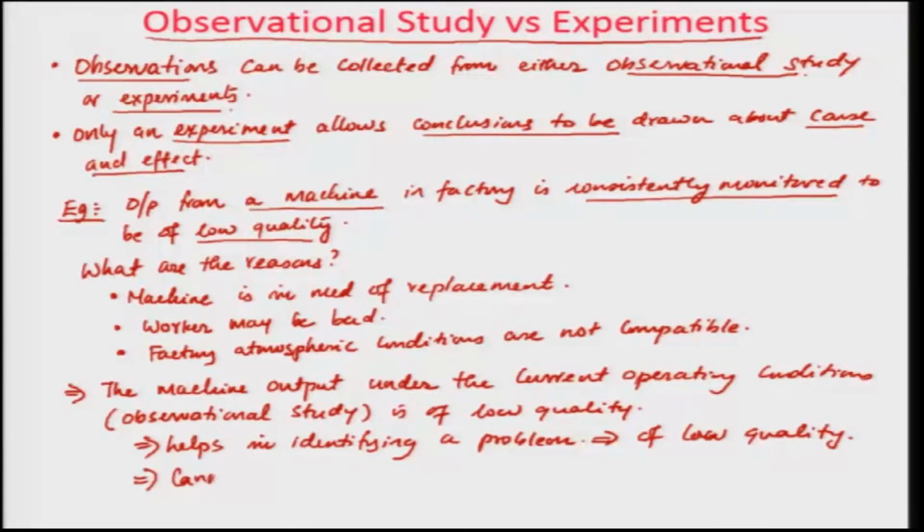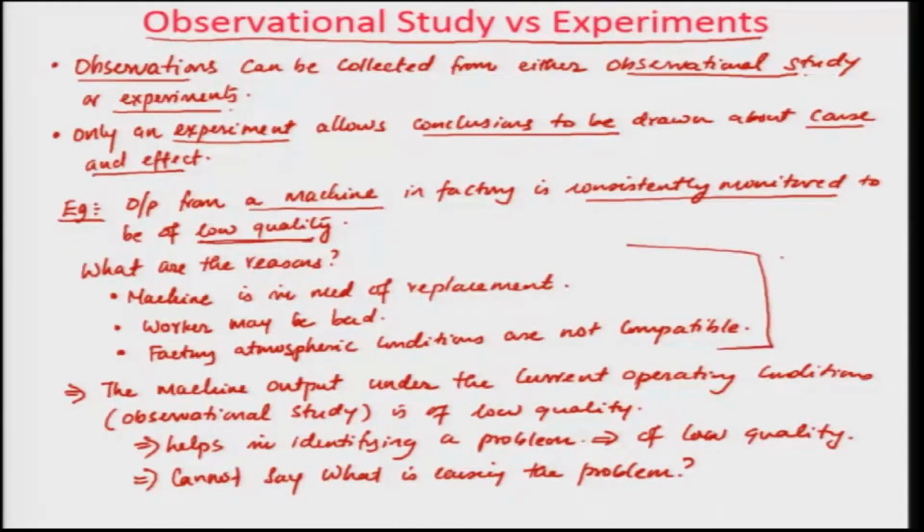Cannot say what is causing the problem. That we cannot say from this observation. So, ideally speaking, you saw that one machine is giving low quality output, and there are multiple reasons, you do not know which one of them.